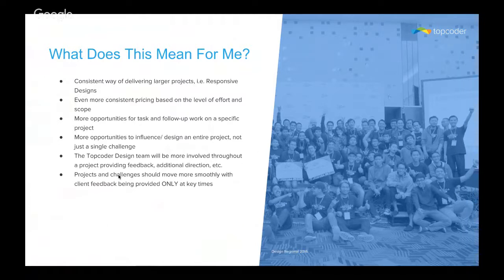So, information architecture and AVDs and RUXs. We want to create a consistent way of delivering large projects. A great example of that is responsive design. How do we consistently deliver something like that to our customers?